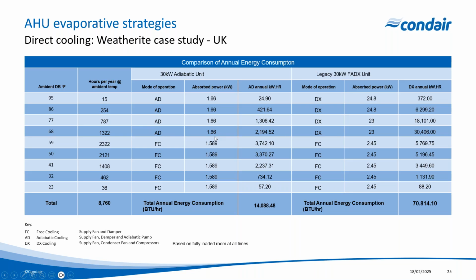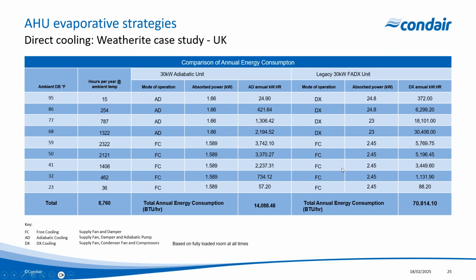And you can see here that the absorbed power, comparing first the adiabatic unit, going from free air cooling to adiabatic, goes from 1.589 to 1.66 kilowatts. So a relatively small increase in power consumption. We do expect that increase really because the air is being redirected through the media, so a little bit more fan power is required to push the air through the media itself.